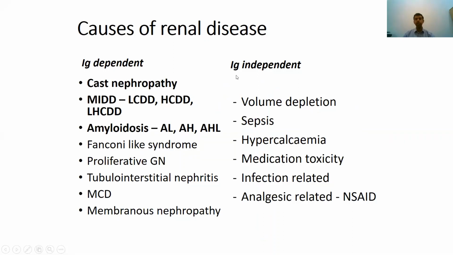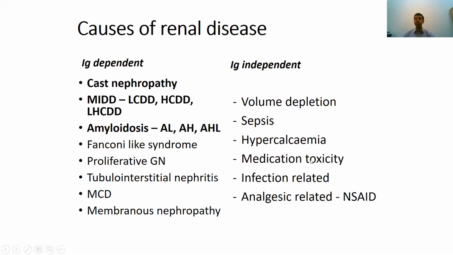Apart from that, you can have myeloma-unrelated renal disease because of myeloma. For example, these myeloma patients will be ill. They will not be taking orally, so they can get dehydrated and might end up with acute renal failure. They are immunodeficient because of the myeloma, so they can have infection, and infection can cause acute kidney injury. Myeloma will give rise to hypercalcemia as a complication, and hypercalcemia can affect the kidneys.